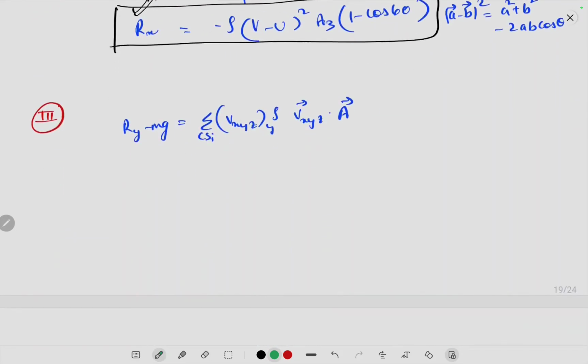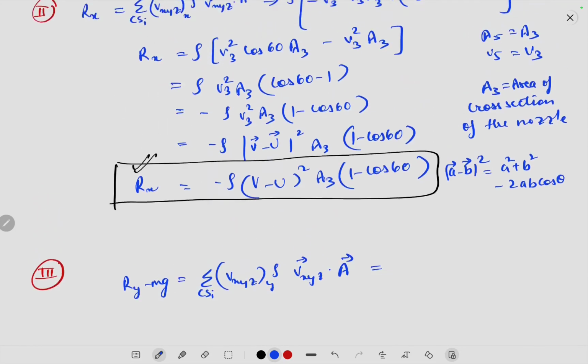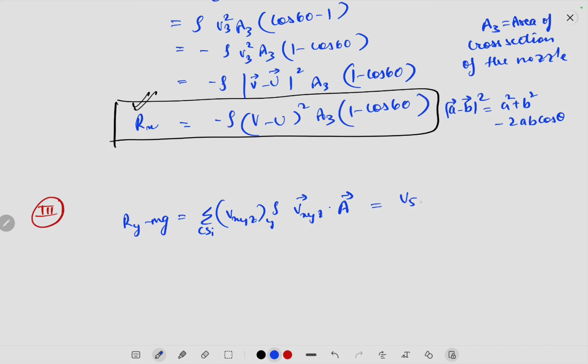So only CS5 is going to contribute in this expression. So v_xyz along y for CS5 is what? It is v5 sine 60. And what was v5? v5 was v3. And what was v3? v3 was v minus u.